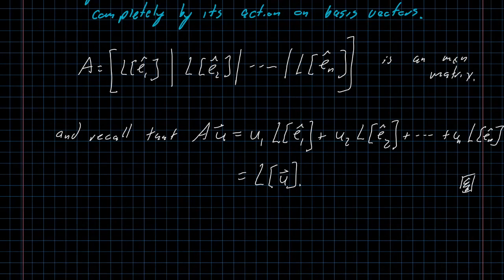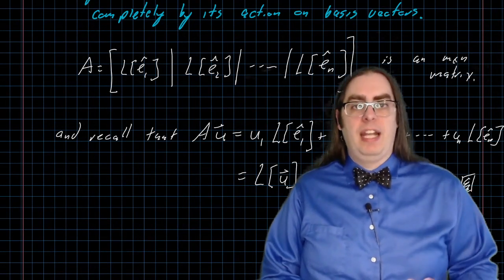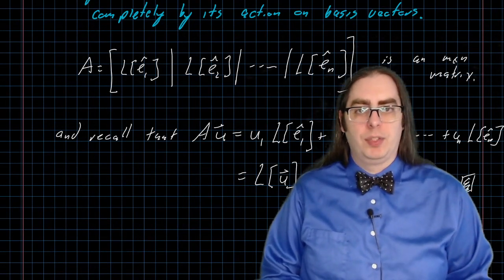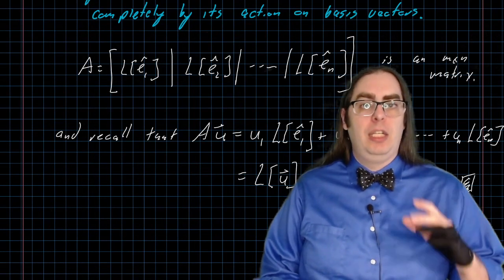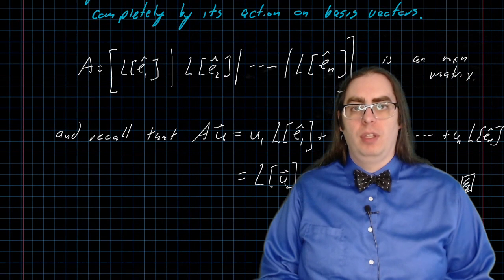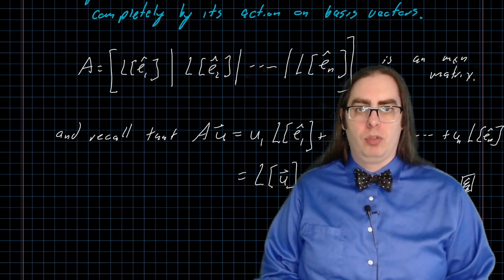I love this proof because it gives us more than we think it's going to at first glance. Not only do we have the fact that every linear transformation is a matrix transformation, we also have everything we need in order to write that matrix. And this is usually how linear transformations are going to go in this course.